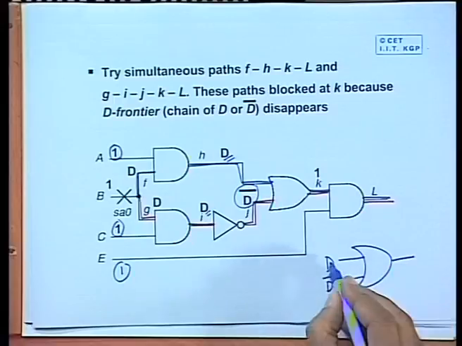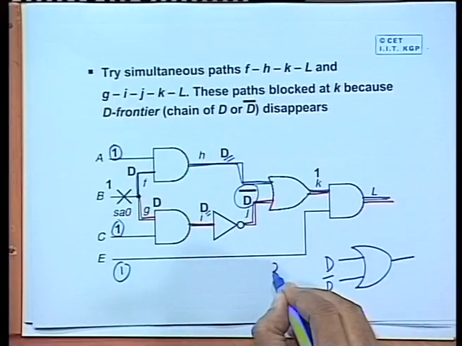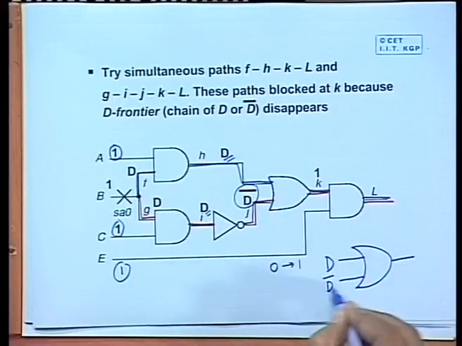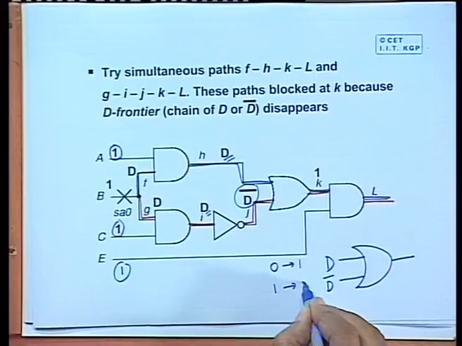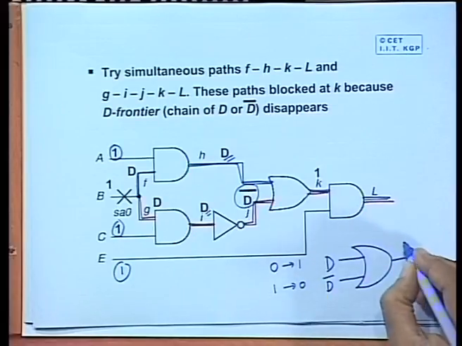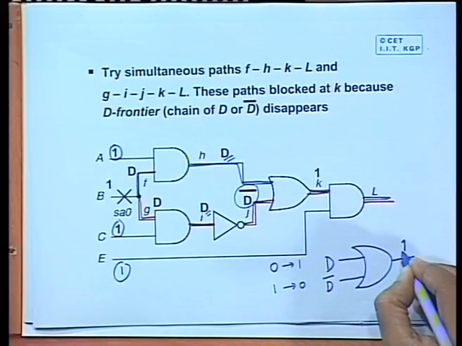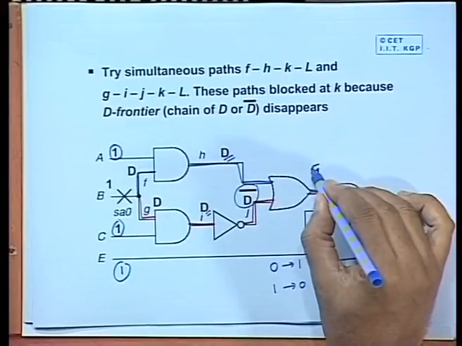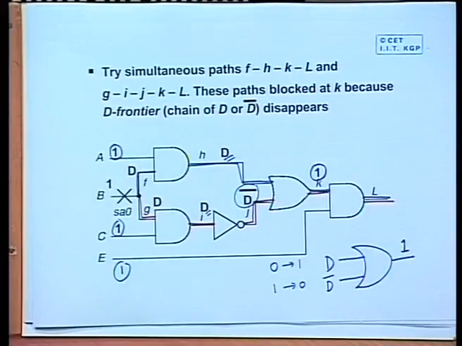What does this mean? That this input is going from 0 to 1, the other input is going from 1 to 0. So, in the first case the inputs were 0 1, other case it were 1 0. So, in both cases the output will be 1 and there will be no change, output will be permanently at 1.